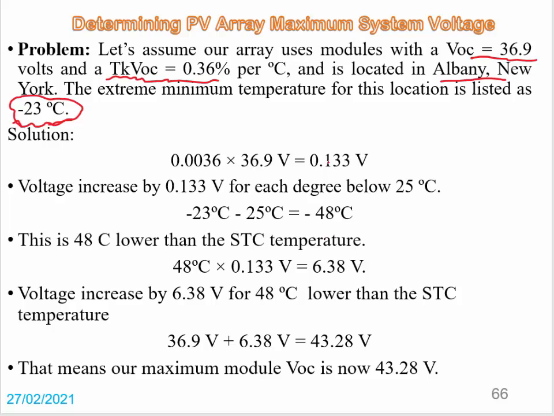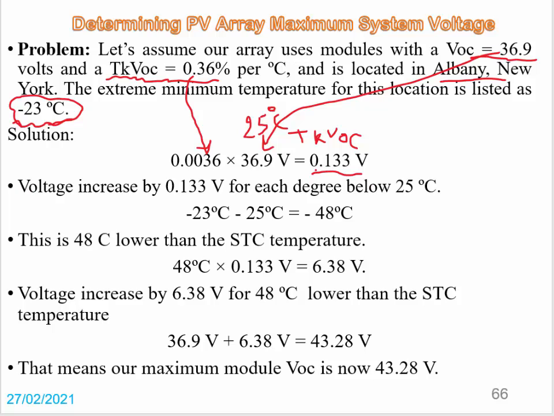So now we have to calculate the coefficient Tk V open circuit. To calculate this coefficient, we multiply 0.0036 by the V open circuit at 25 degrees Celsius, which is the standard value.